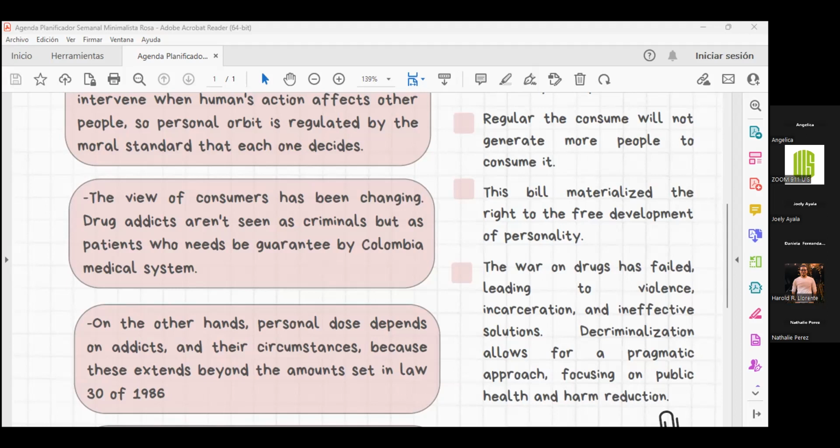Sorry, can you repeat the question? Yes, I was saying, okay, imagine that the Congress decides to legalize marijuana. Do you think there will be some problems related to health? We believe that it is a chain, baby steps. It is not one day to the next.